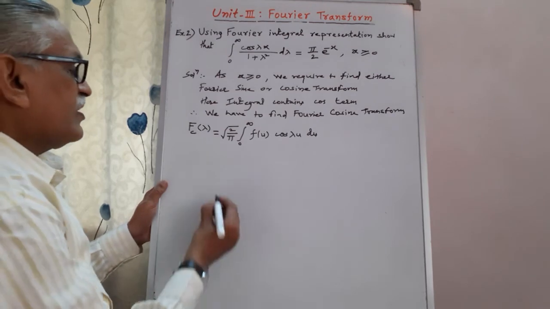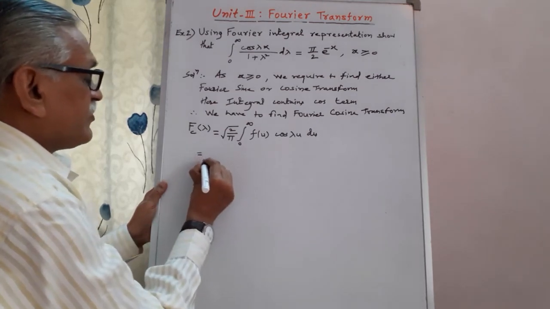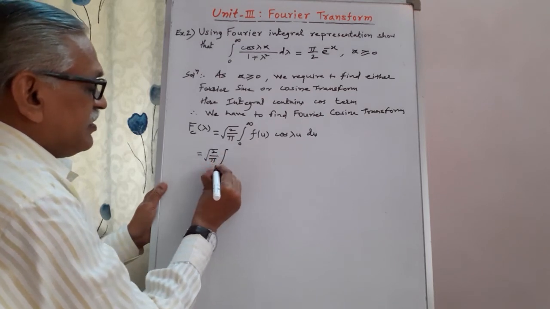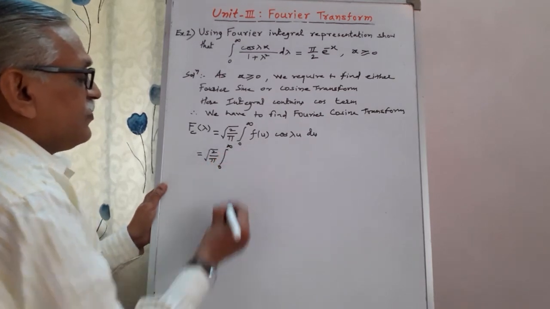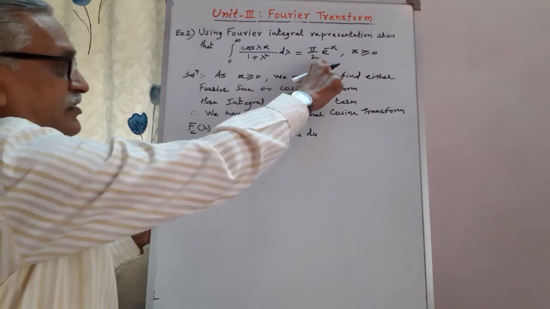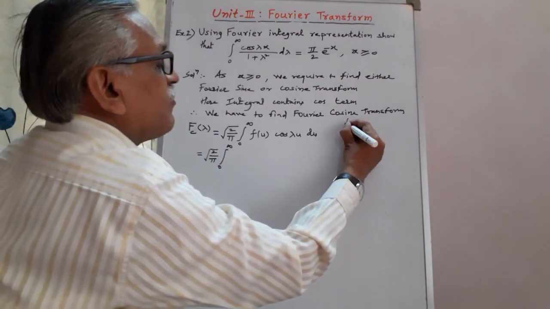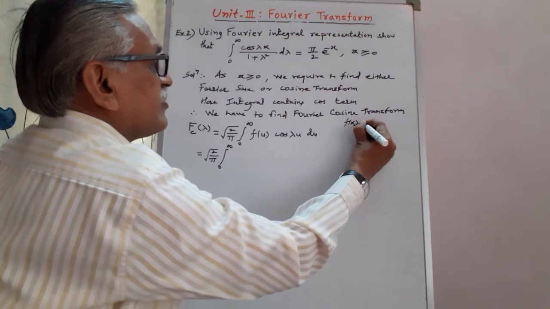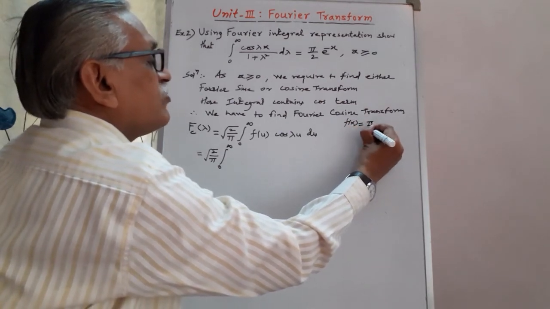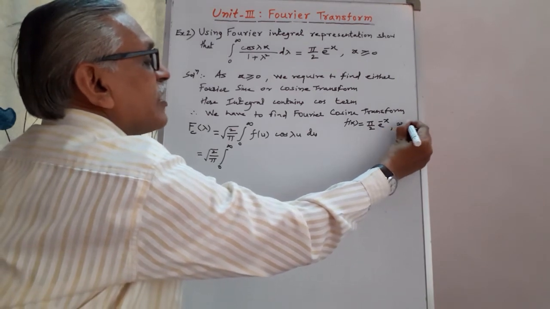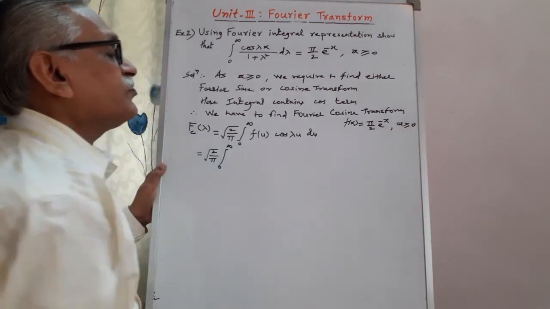Okay, and therefore it is equal to root 2 by pi integration from 0 to infinity, where f of x is pi by 2 into e raised to minus x for x greater than or equal to 0.